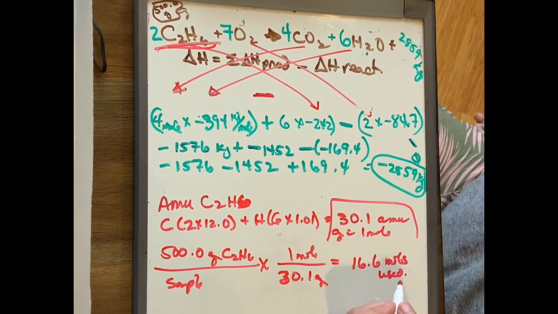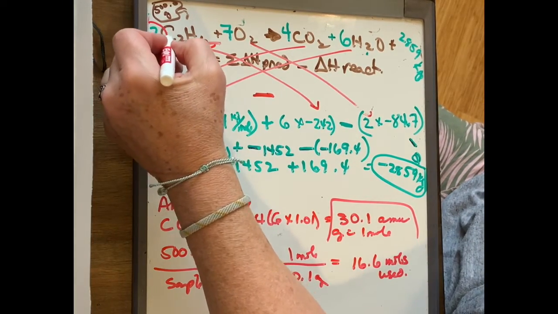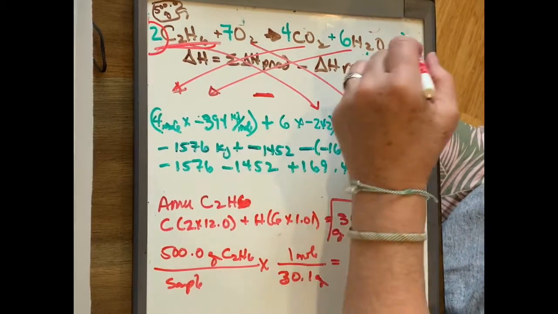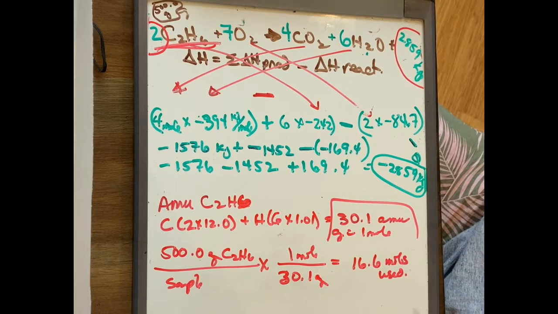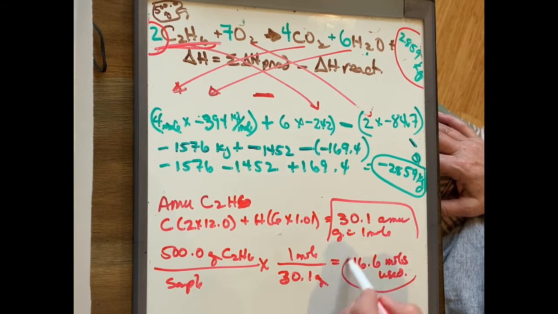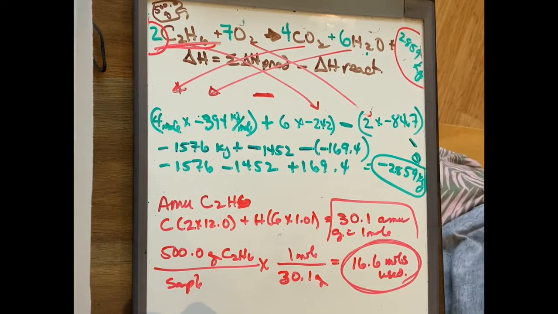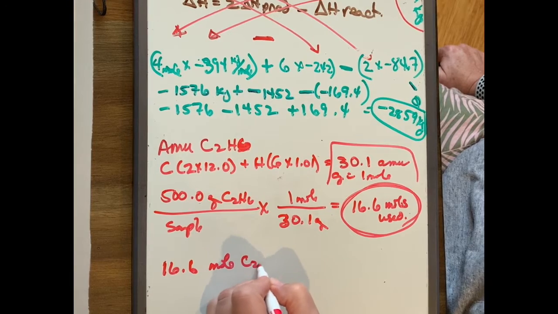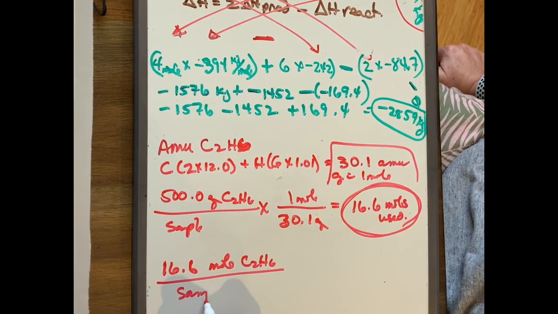Now, here's the thing. We have a ratio. We have 2 moles of C2H6 makes this amount of energy, but we have this amount of moles. So we're going to have to do another simple comparison conversion. That many moles of C2H6, that's our sample.